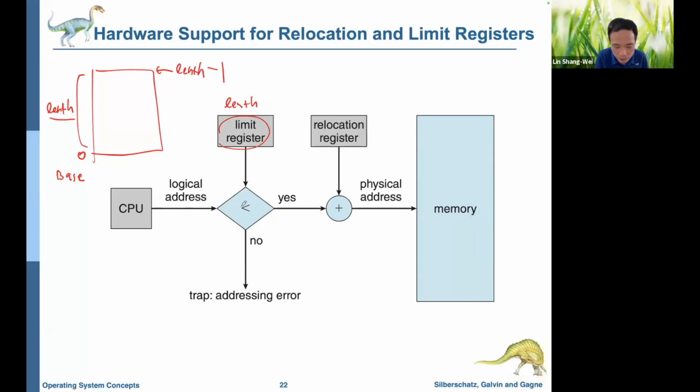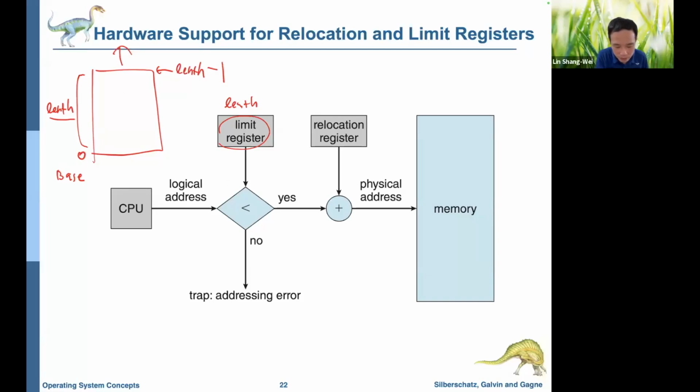If the logical address is less than this value, it is within the range. If not, it goes beyond it, so it is an error and you are going to have a trap.